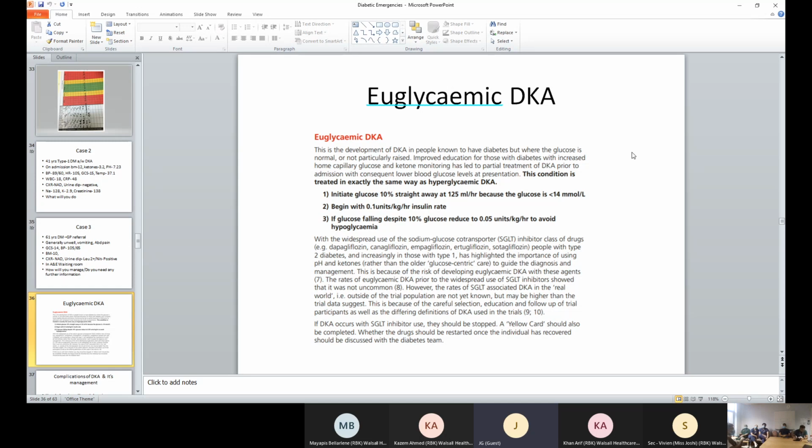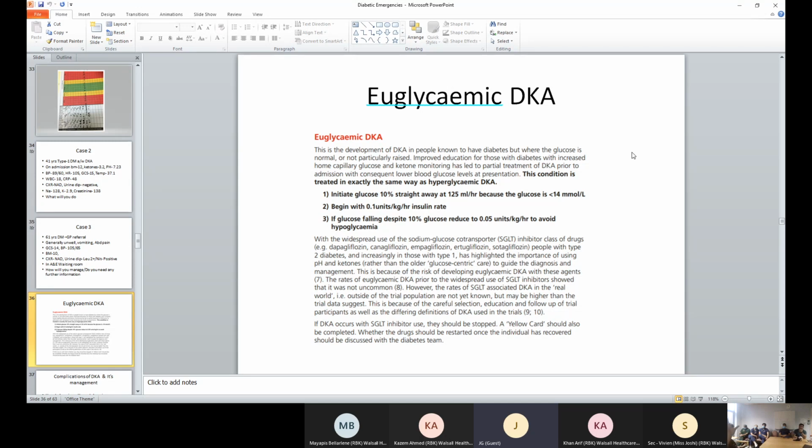Now, in a busy ED department, you need to try to find out if the patient, especially with type 2 diabetes, is on this SGLT2 inhibitor. Obviously, you can look at the GP clinicals, or if it's not there, I've told you the diabetes team is using it, the renal team is using it, and the cardiology team is using it.